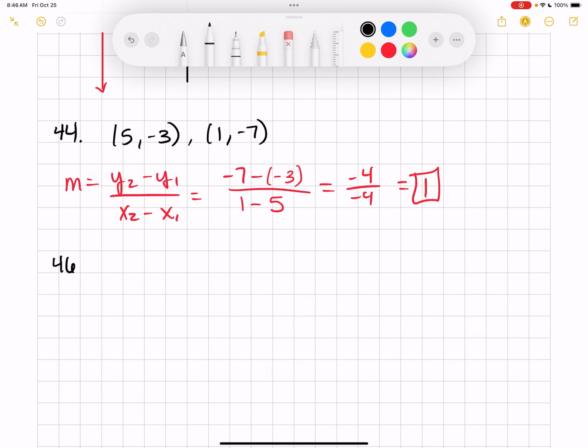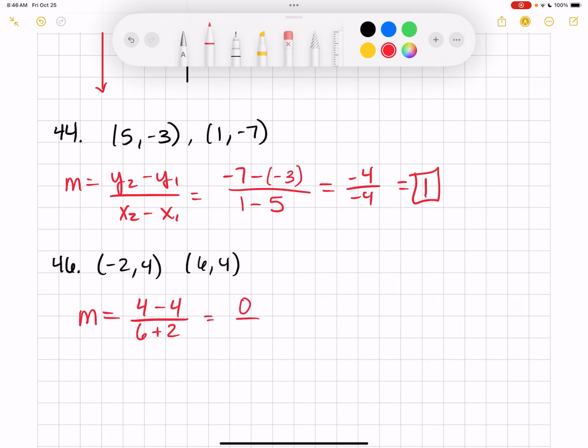46, negative 2, 4, and 6, 4. So how do I set this one up? 4 minus 4 over 6 minus a negative, so that's plus 2.